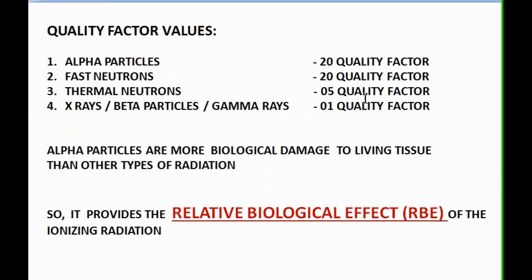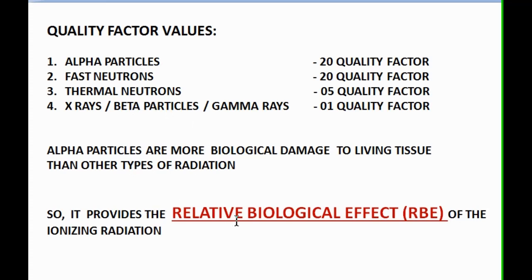So whatever radiation absorbed dose is observed, we multiply: if alpha particles, 20; if fast neutrons, 20; if X-rays, 1. So alpha particles cause more biological damage to living tissue than fast neutrons, thermal neutrons, X-rays and so on.